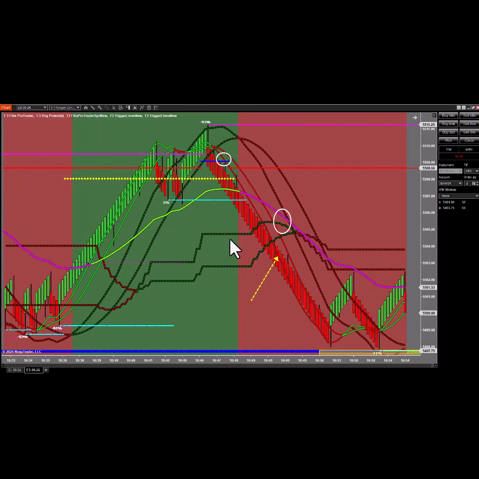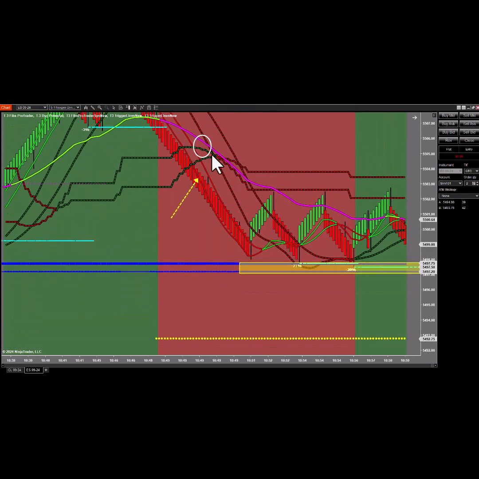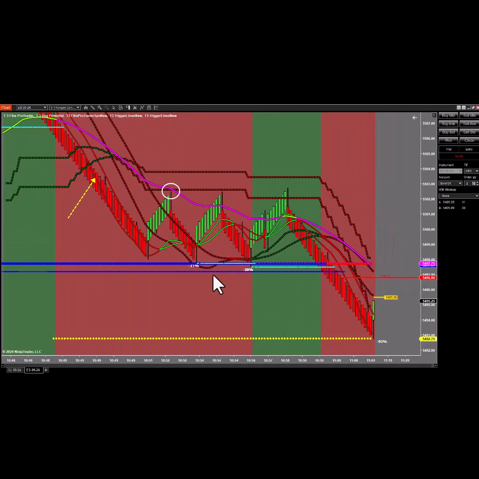Now, it worked, but it's not very good. Perhaps one trend trade from here, if you were to do it, and very, very little opportunity for making a bunch of money. But I guess 4 points on the S&P is still $200, isn't it?